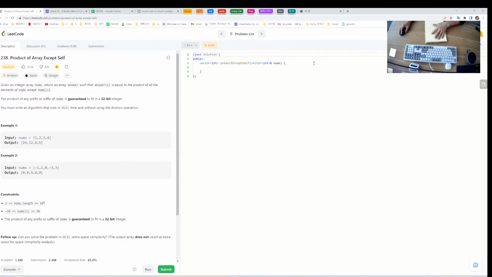First, let's write down the solution with O(n) storage.